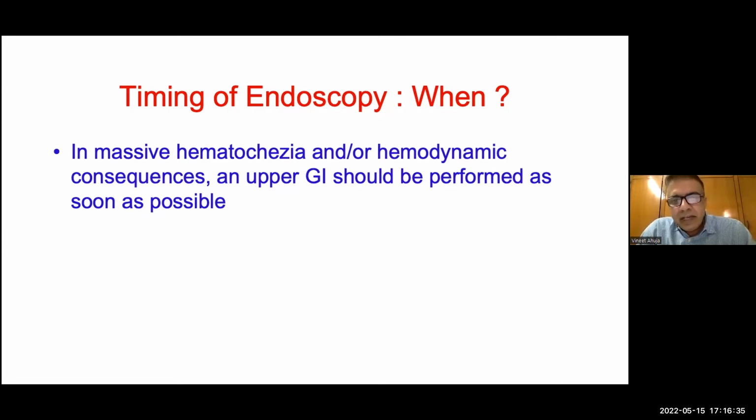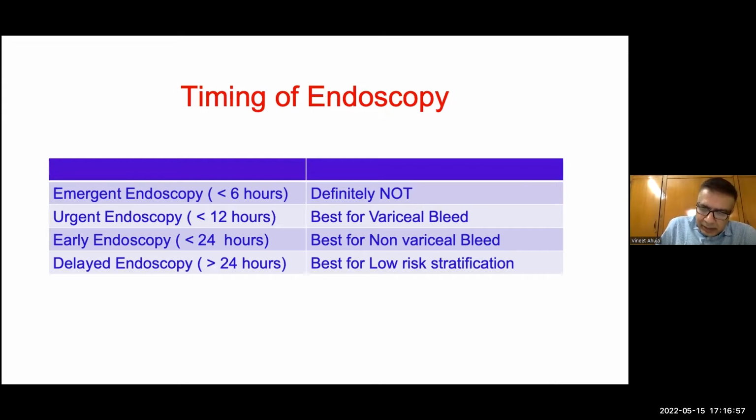Actually, I would say it is correct also: if the patient is having massive bleed, then the patient can manifest not with melena, but with hematochezia and frank rectal bleed, which can occur if there is a massive upper GI bleed. And along with that, there may be hemodynamic consequences.